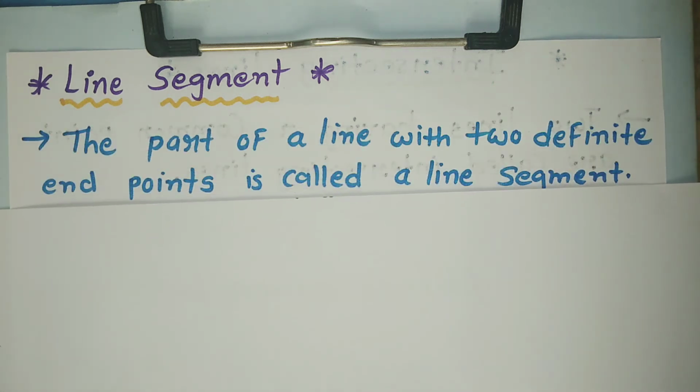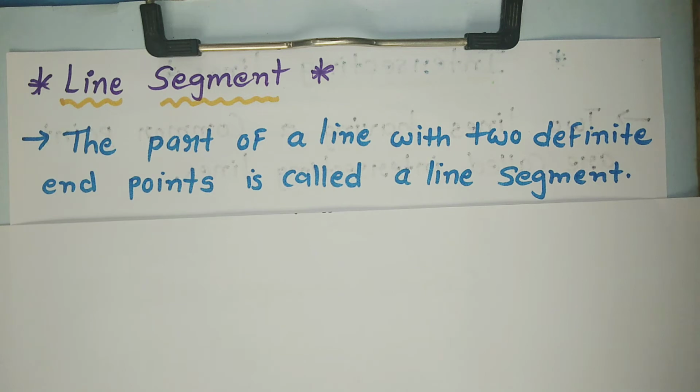Next one, line segment. If you hold a rope tightly with both of your hands, it gives an idea of a line segment. It has two end points. If I take a thread and hold it at both end points, it gives the idea of a line segment, and it has two end points. The part of a line with two definite end points is called a line segment.